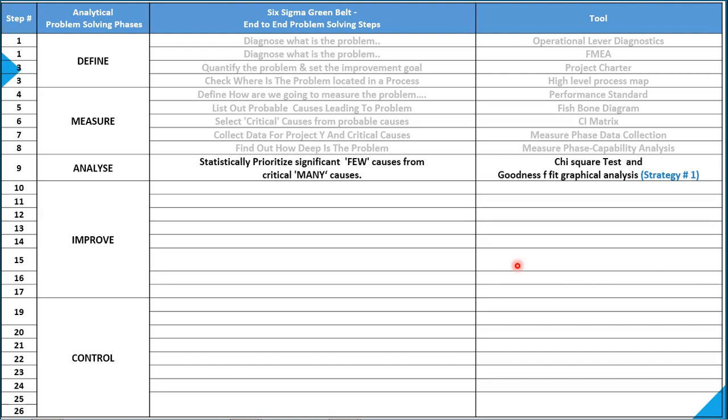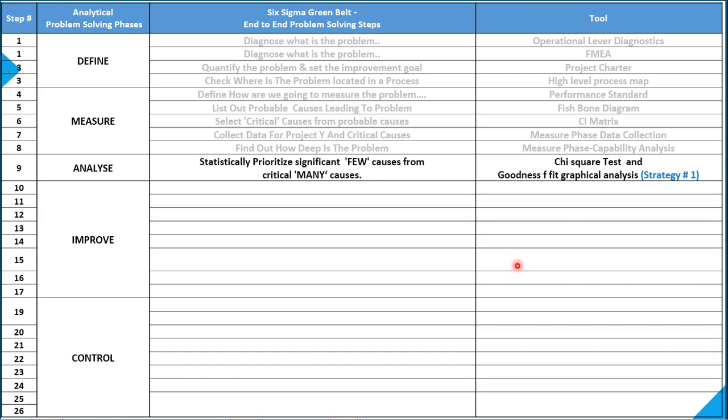strategy number one. Do you remember we have a couple of strategies of data collection in the measure phase? So we're going to look into how we use chi-square testing for strategy one, which we normally need to follow. Strategy two, let's keep it for rare purposes where senior management is not going to allow us to collect the data.